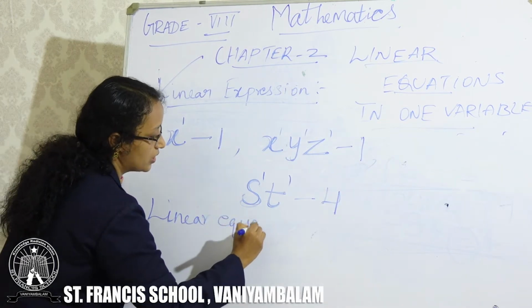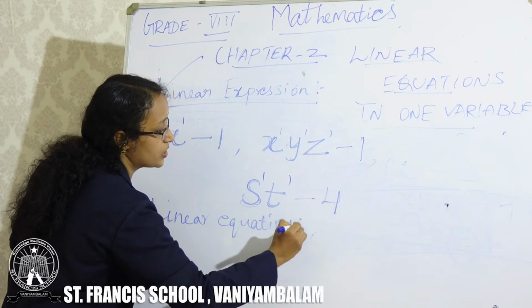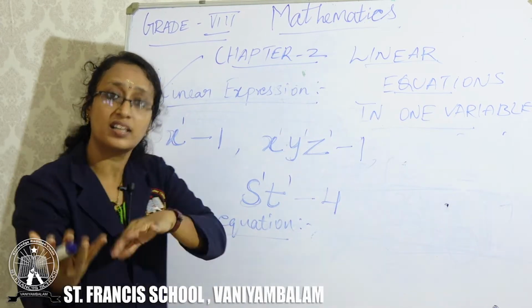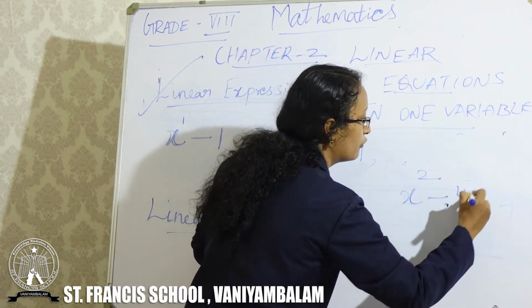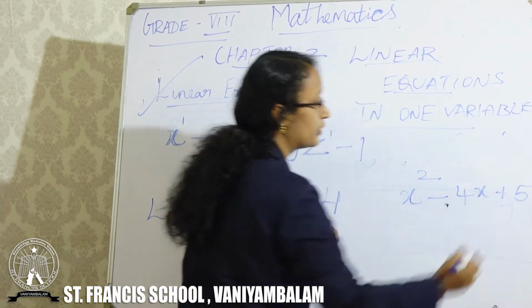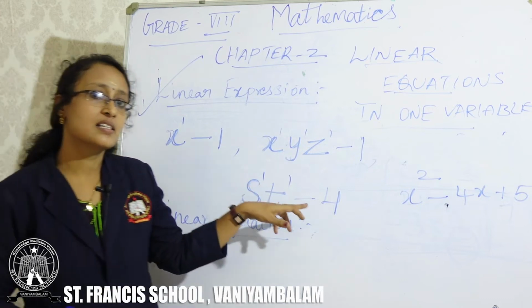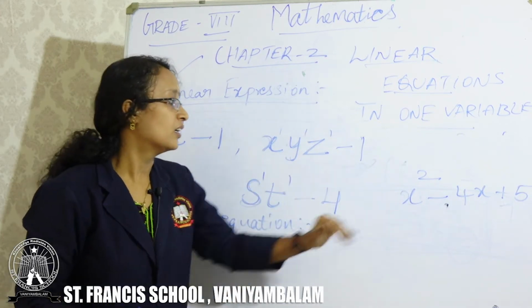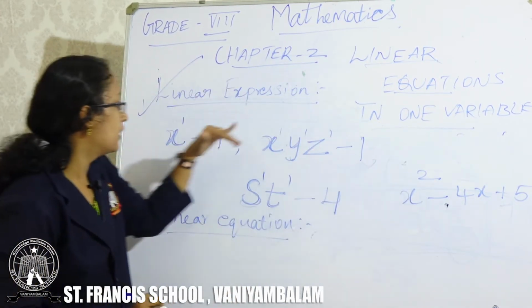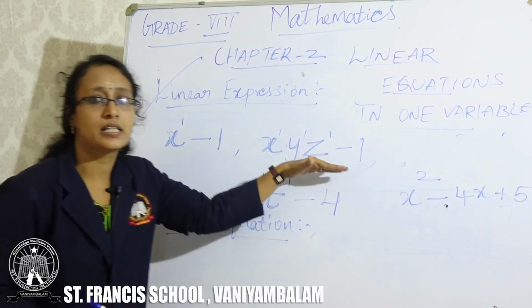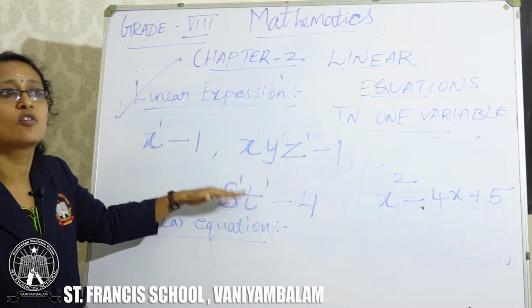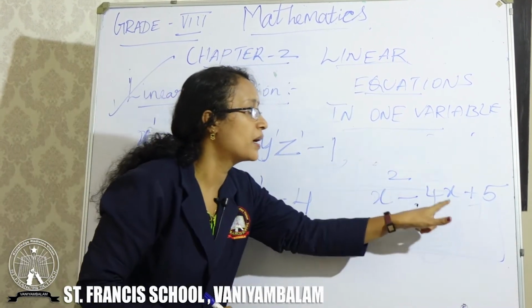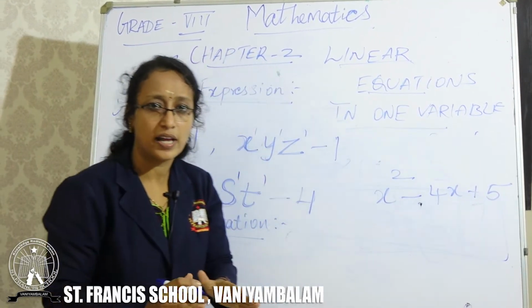Next, what is a linear equation? Okay, before linear equation, I'll tell you which is not a linear expression. x square minus 4x plus 5. Is this an expression? Yes. This is also an expression. x minus 1 is an expression. x, y, z minus 1 is also an expression. s t minus 4 is also an expression. x square minus 4x plus 5 is also an expression.